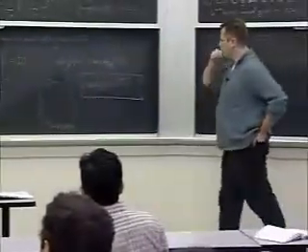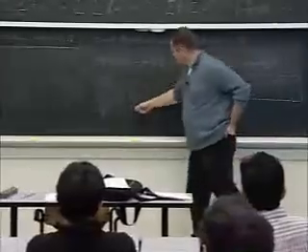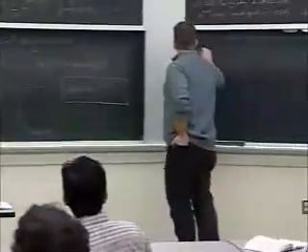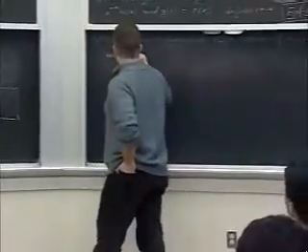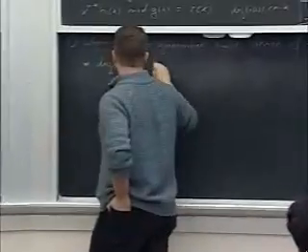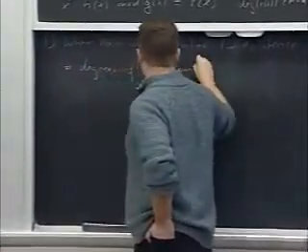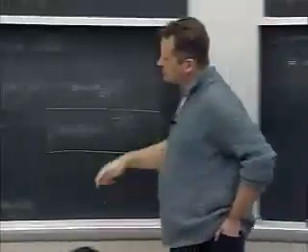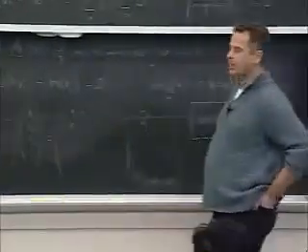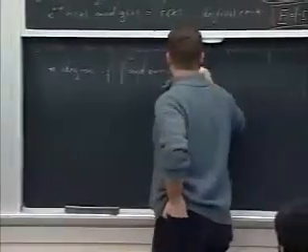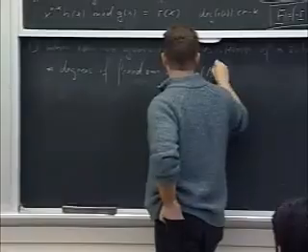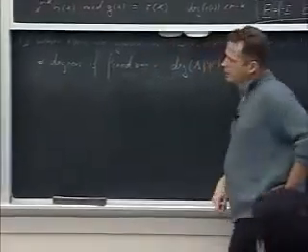So what's the total number of degrees of freedom? We get the lambda as a degree of freedom, which is degree lambda plus 1.